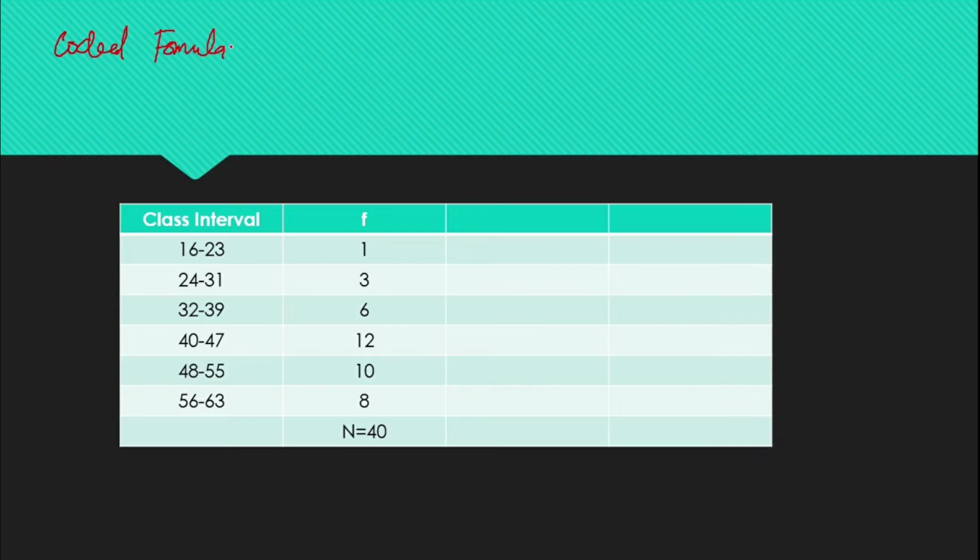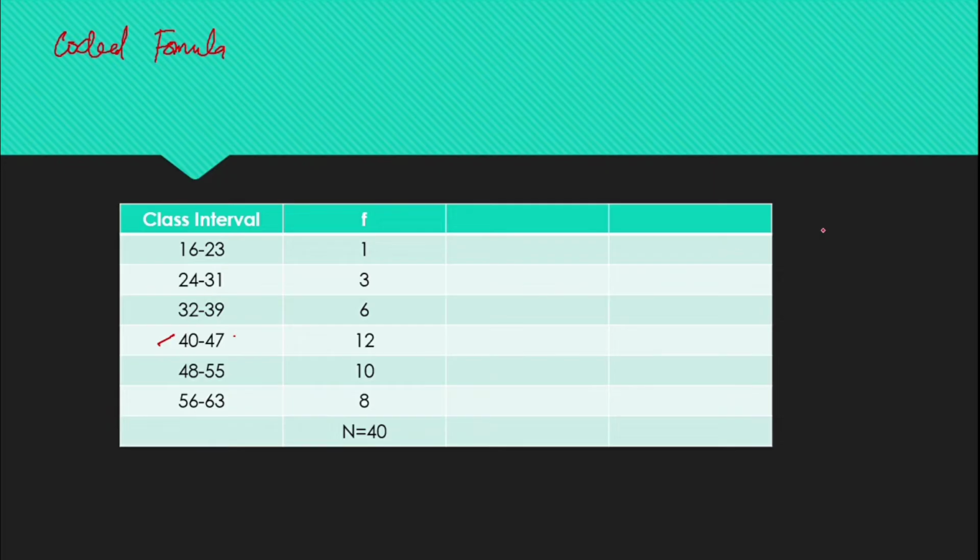So how to find the coded formula? The first step is to choose any interval to find the assumed mean. So let us choose, okay, this one. Let's pick this as our class interval to find the assumed mean. The class mark of this interval is this one. So we are going to find the class mark of this one.